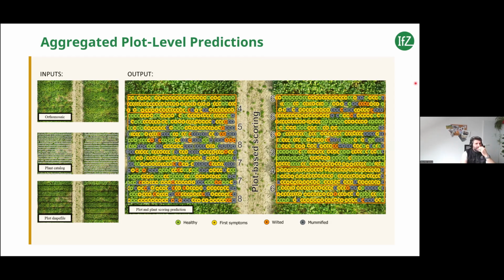Here we can see our input for the model: the orthomosaic, the plant cataloging, and the shapefile of the plot. And here are the classified plants. We know the level of each plant, and we can see our new model gives us the plot-level scoring.